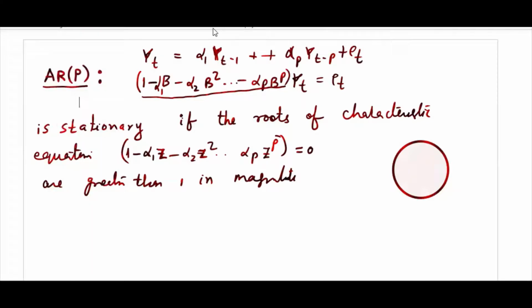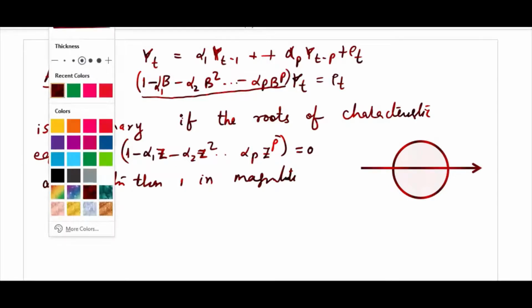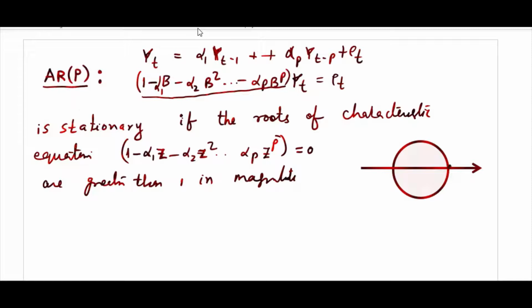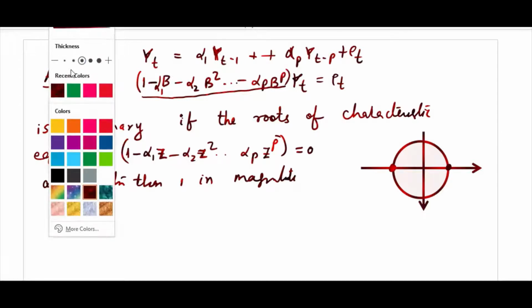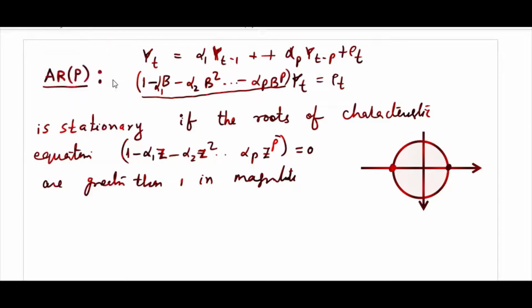If you draw one line here, then all the roots must be outside this one. This is one, this is one. Unit circle means the radius is 1 here. So suppose you get a root half here, that's fine. You get a root here, that's fine.